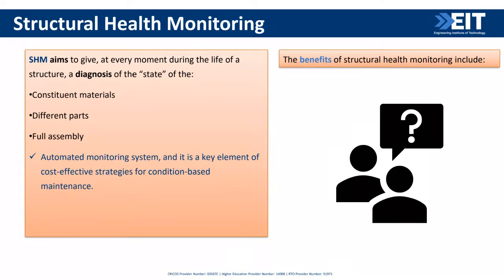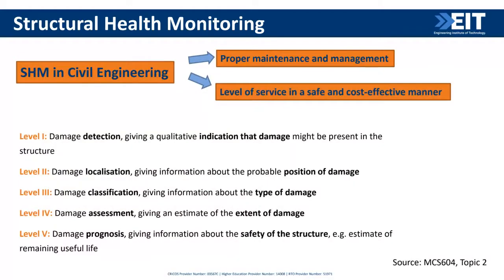It's why we're going to complete this session, just giving another idea about structural health monitoring in civil engineering, right? It can guide us in maintenance and management, the level of service in a safe and cost-effective manner. So normally we can follow these different levels in terms of damage.